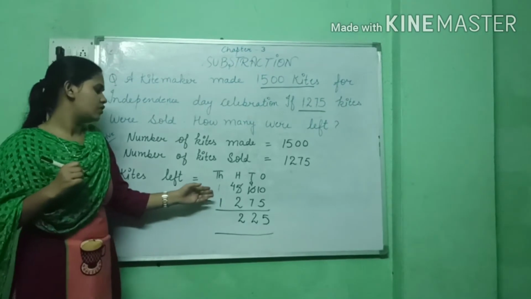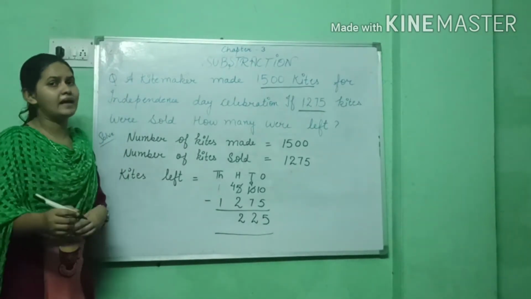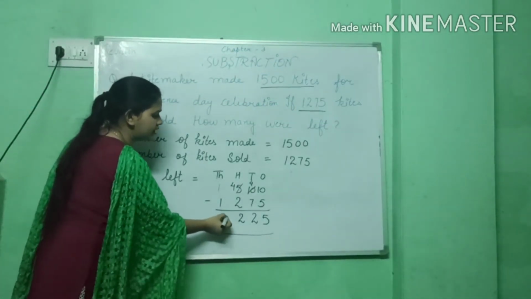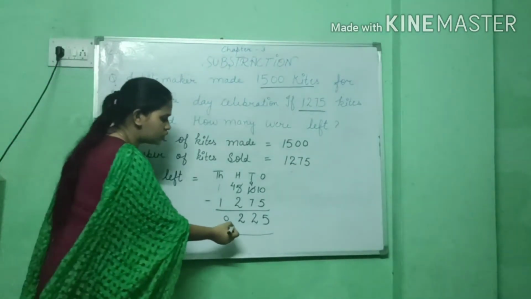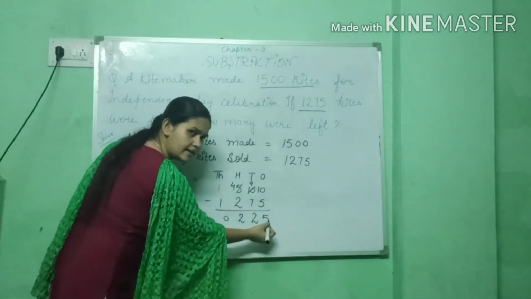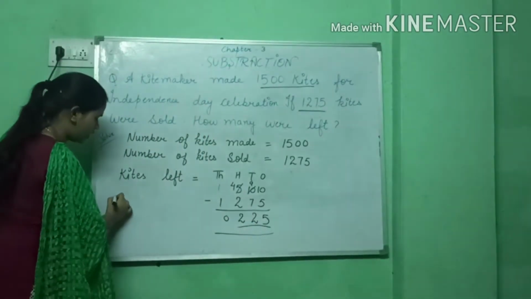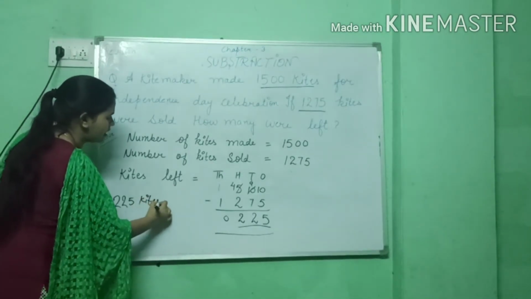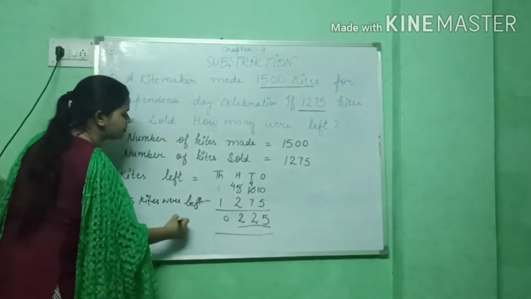In the thousands column there is 1 and 1. When we minus 1 from 1, it's 0. 0 has no value, so I am not writing it, but for you I am writing 0. So the answer is 225 kites were left. This is our answer for this statement.